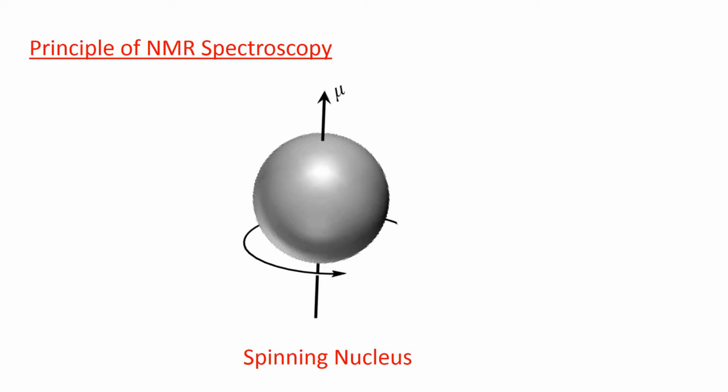Whereas nuclei having even atomic number and even mass number, their spin number I is equal to 0. That means they don't have this spin quantum number. They are inactive in NMR spectroscopy.